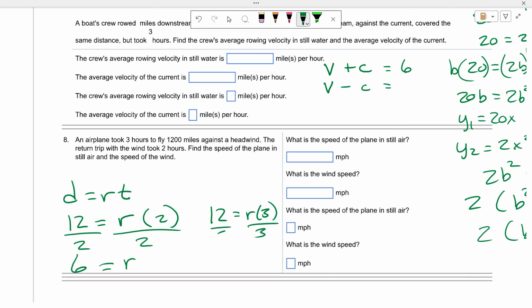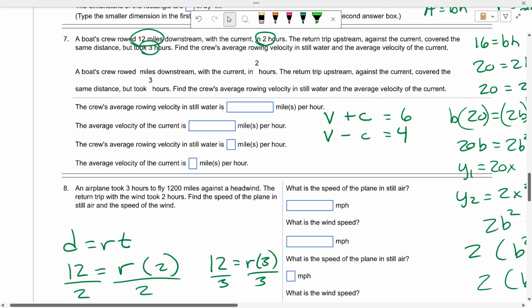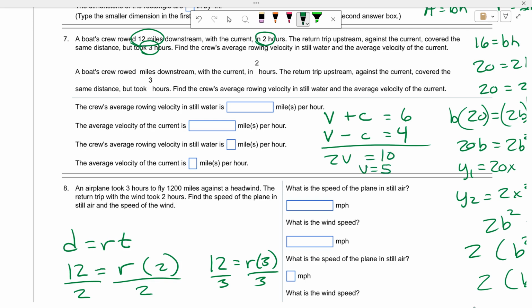So if you divide by 3, the rate is 4. And that makes it super easy to solve then, if you do it that way. Add your columns. 2 times velocity is 10. So velocity is 5. 5 plus 1 is 6. So the rowing velocity is 5 miles per hour. The speed of the current is 1 mile per hour.